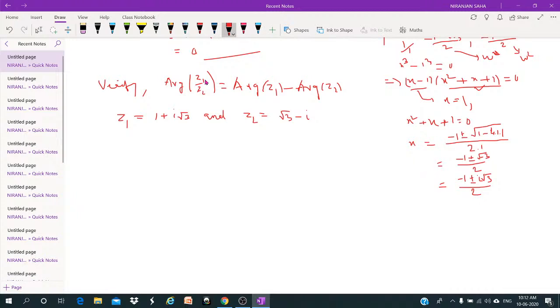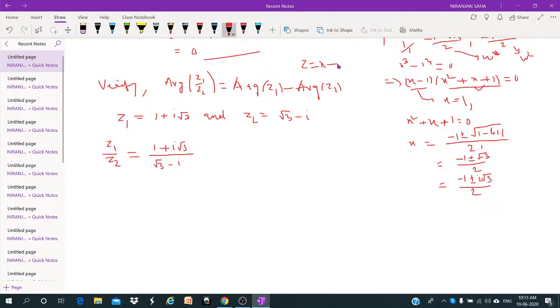So we have to find z1 upon z2. This will be 1 plus iota root 3 upon root 3 minus iota. Here it is not in the form z equal to x plus iy.